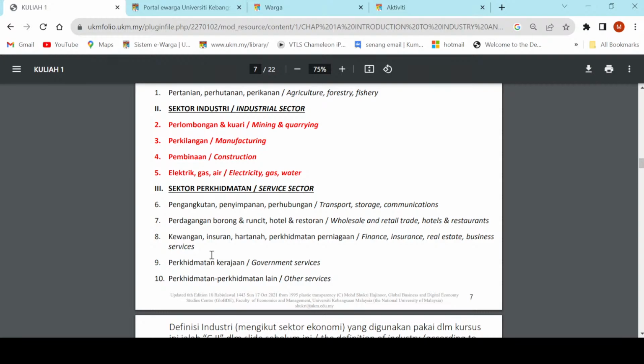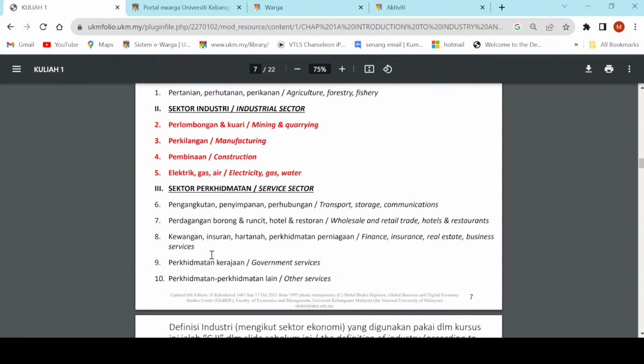Previously, primary sector, mining brought down to here. And previously, the tertiary or ancillary sector, we bring up electricity, gas, and water to here. So these are the industry that we define for this class, which consists of mining, manufacturing, construction, electricity, gas, and water.